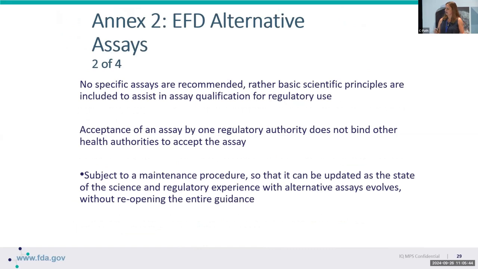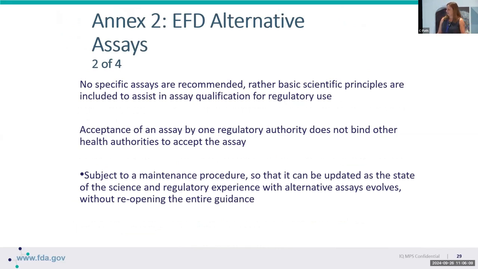Also in the annex, it does not specifically state any particular assay or make recommendations for any particular assay, but gives just some basic scientific principles. It also notes that if one regulatory agency accepts the assay, that does not necessarily mean that another one will. So that's a big one, just keep that in mind.